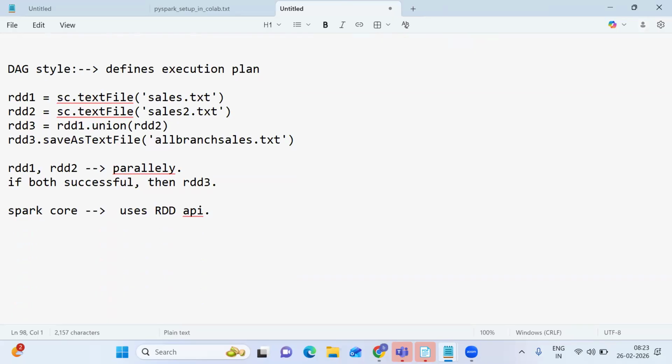Airflow uses a DAG style of coding. Airflow is mostly for orchestration. Suppose job 1 is by Spark, job 2 is by some other system like Google BigQuery. But this Spark cluster is different, that Google BigQuery is different. After completion of the Spark job only, the Google BigQuery job should be executed. This kind of orchestration I am doing in Airflow.